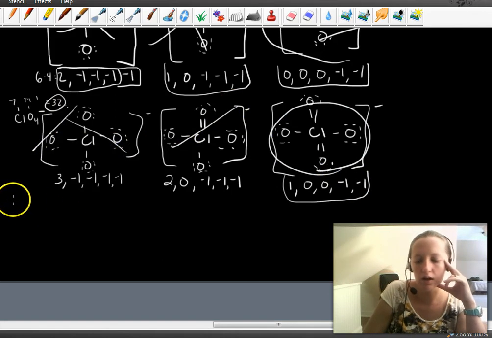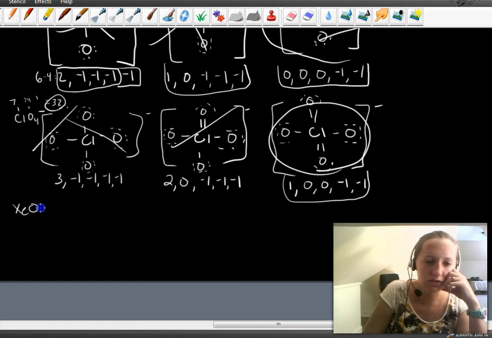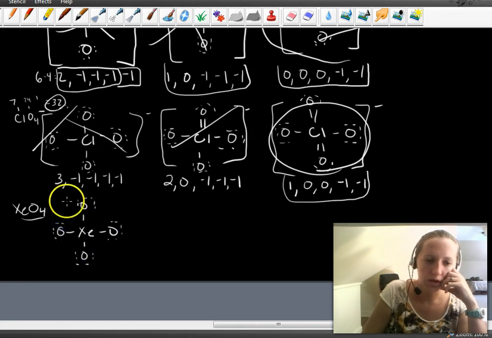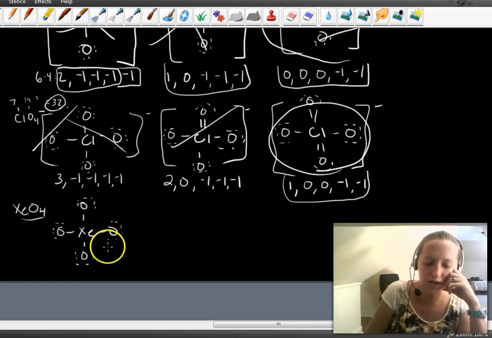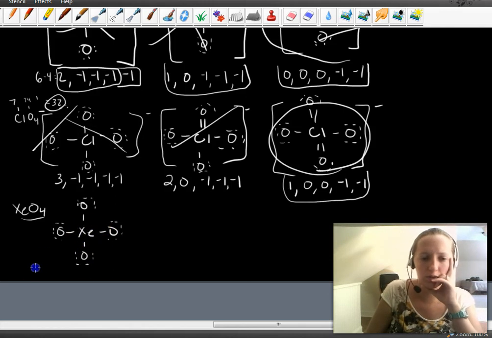And the same deal goes for xenon hexaoxide. Nope, tetroxide, not hexa. Xenon tetroxide. You end up with xenon, try single bonds. And hey, there's no brackets on these because this is not an ion. So xenon normally has 8, and here it has 4, so we have a score of 4, -1, -1, -1, -1.